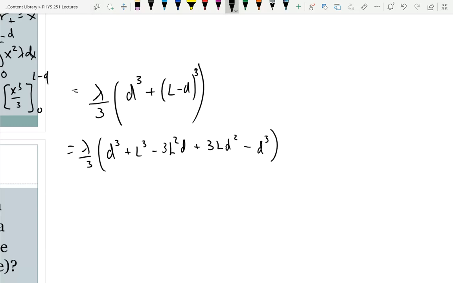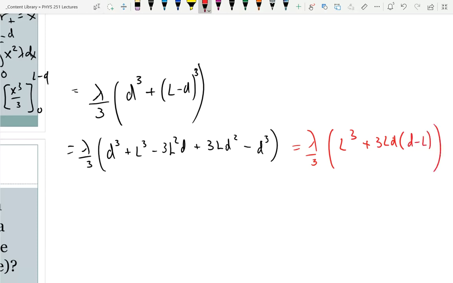I think it's Pascal's. Okay, so if we add these together, notice D cubed minus D cubed, those subtract out. And so this is equal to lambda over 3 times L cubed plus 3LD times (D minus L).